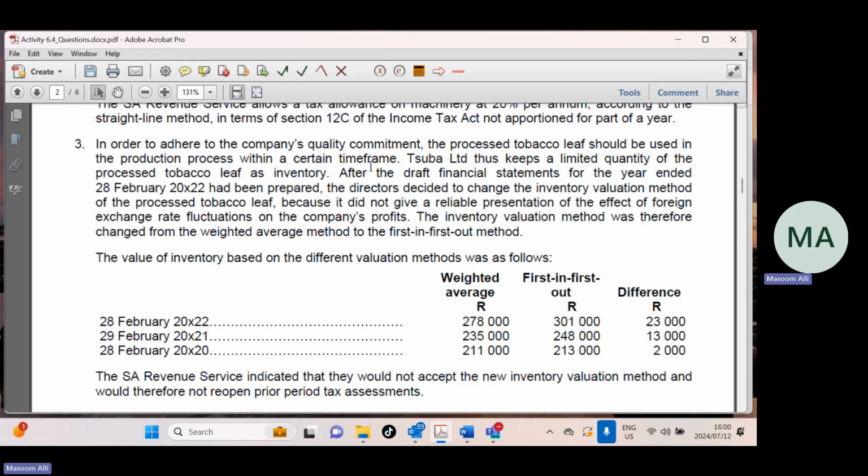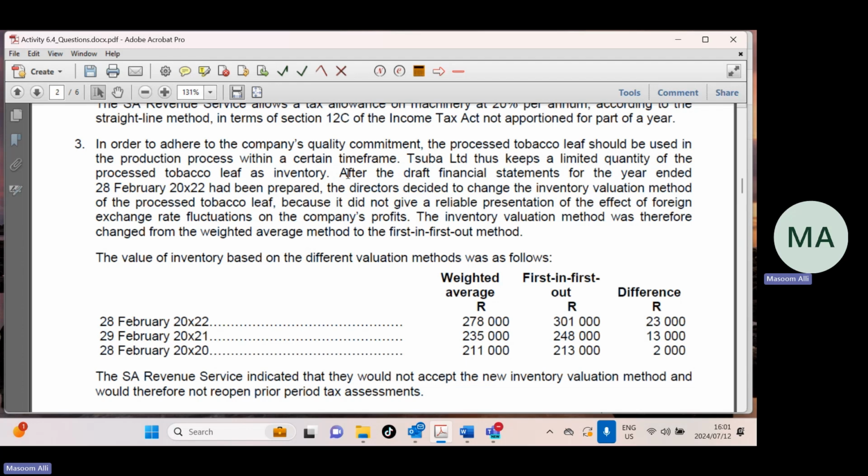Tuba Limited thus keeps a limited quantity of the processed tobacco leaf as inventory. After the draft financial statements for the year ended 28 February 2022 had been prepared, the directors decided to change the inventory valuation method of the processed tobacco leaf, because it did not give a reliable presentation of the effect of foreign exchange rate fluctuations on the company's profits.